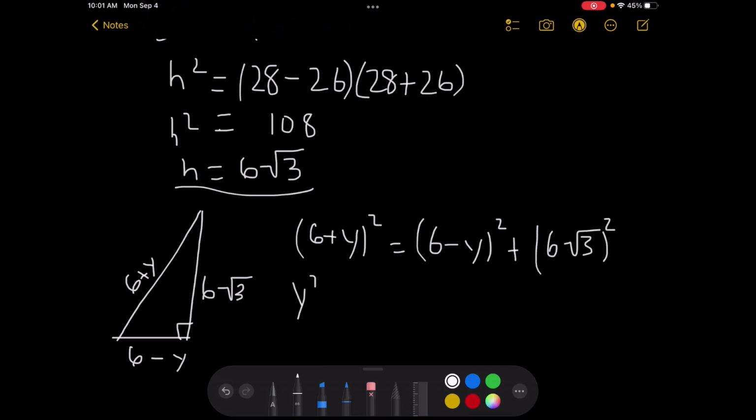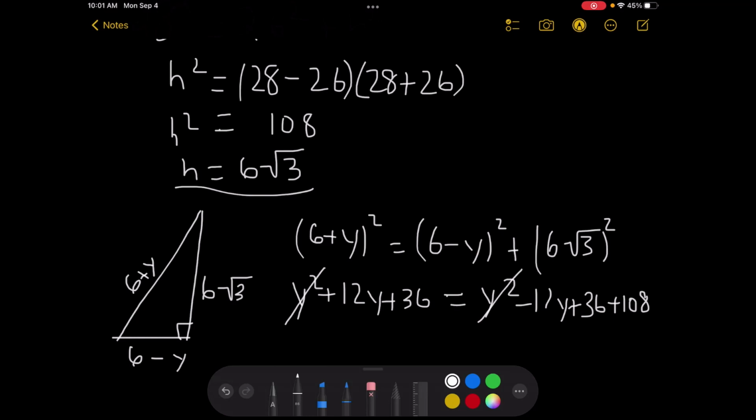This becomes y squared plus 12y plus 36 is equal to y squared minus 12y plus 36 plus 108. Right. Y squared terms cancel.